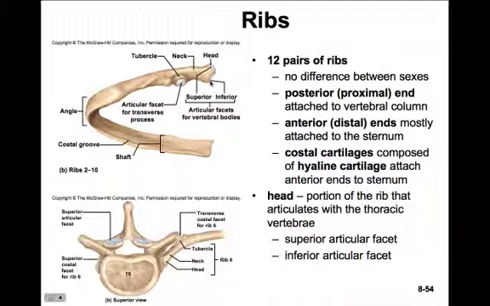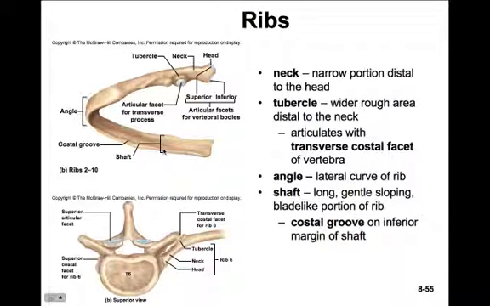So the rib sits right between the two vertebrae. You'll also notice that on the tubercle, there's an articular facet that interacts with the transverse process. On the back side of the rib, you'll notice a costal groove. This is a site for muscle attachment.